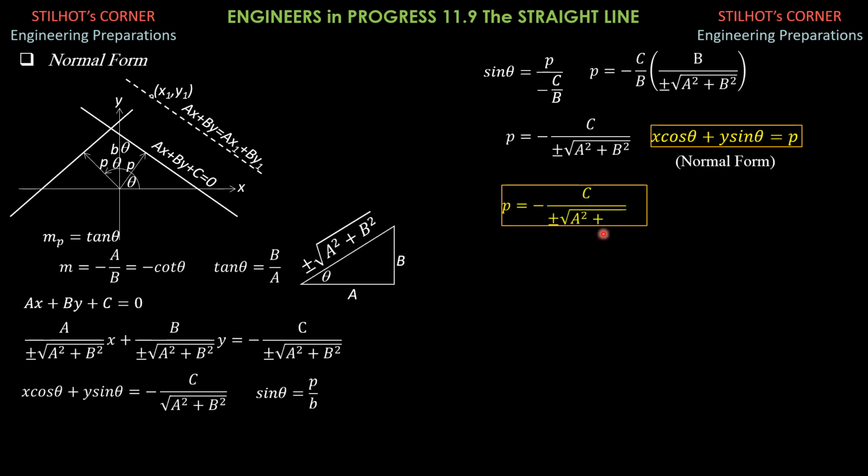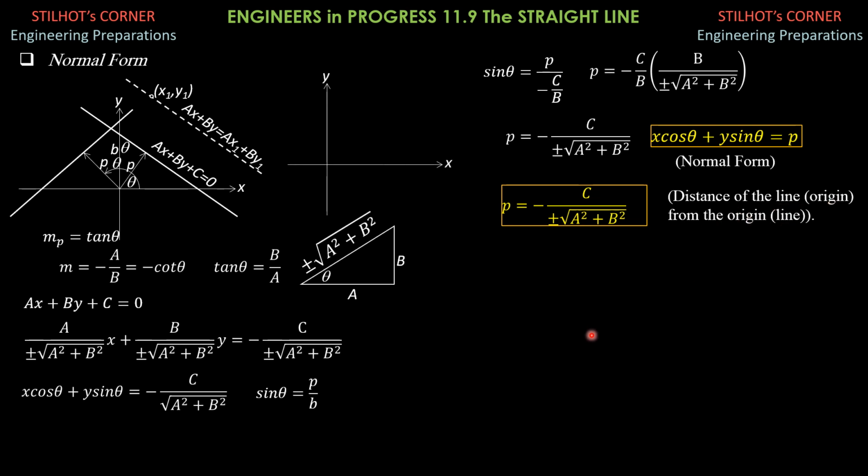So P is negative C over plus minus square root of A squared plus B squared. Remember that? To easily recall this, you just transpose C to the right, or negative of C from the general equation, divide it by plus minus square root of A squared plus B squared. So that's the distance of the line from the origin, or distance of the origin from the line, vice versa.